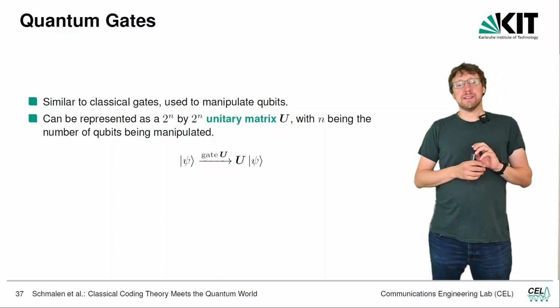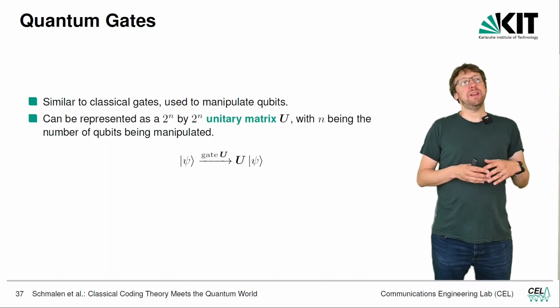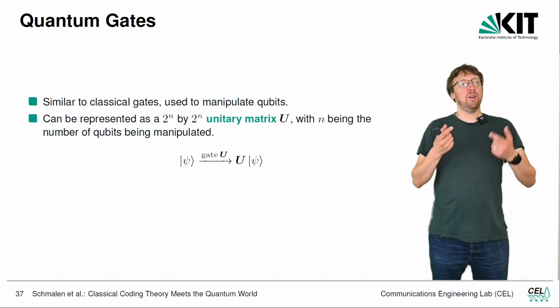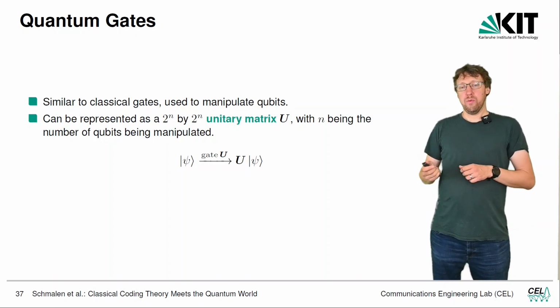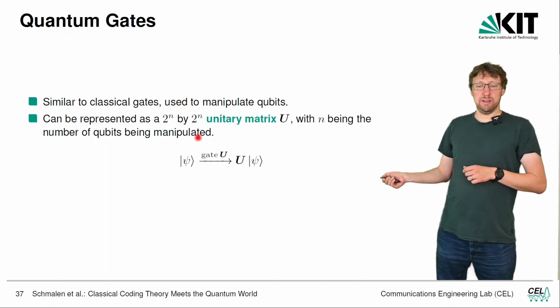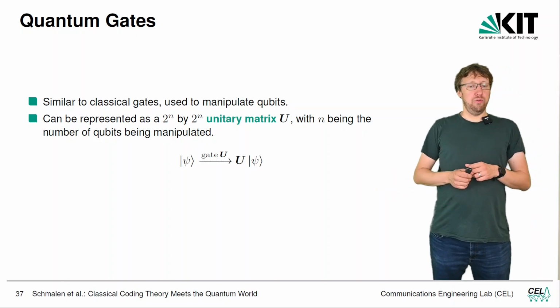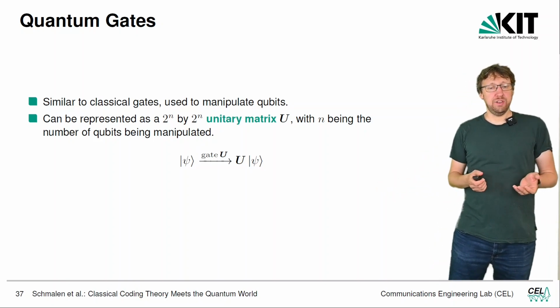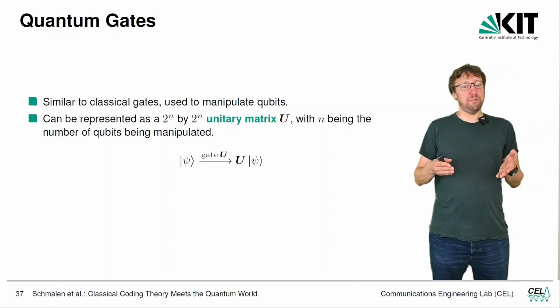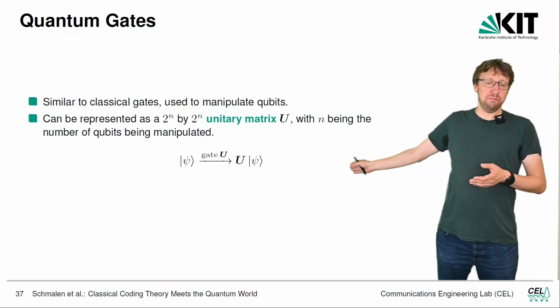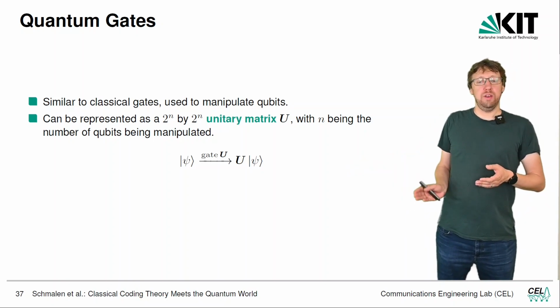The gates essentially need to be defined by a unitary matrix. So if we have a gate that acts on an n qubit state, the gate is defined by a 2 power n by 2 power n unitary matrix U. And essentially the gate operation means we multiply our state, our vector, with the unitary matrix U.